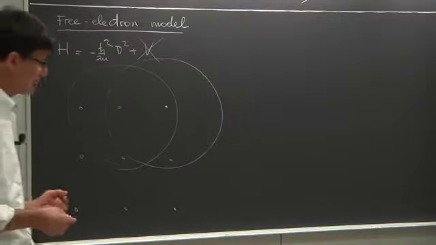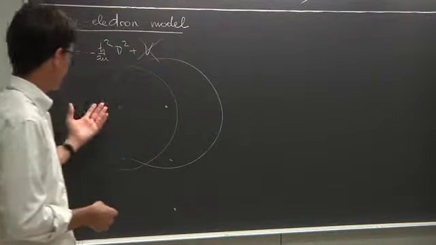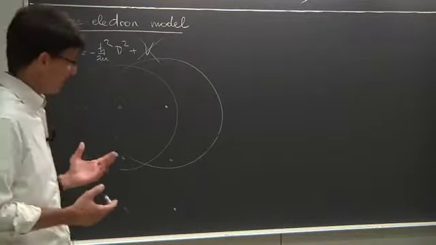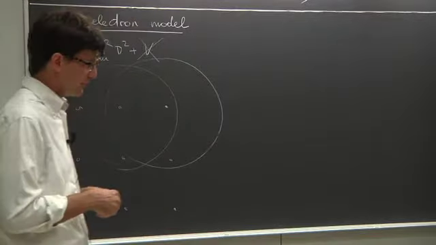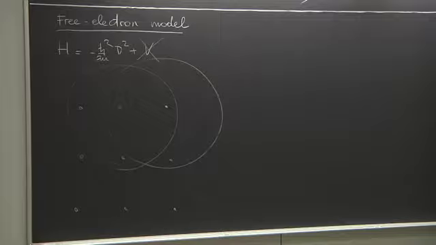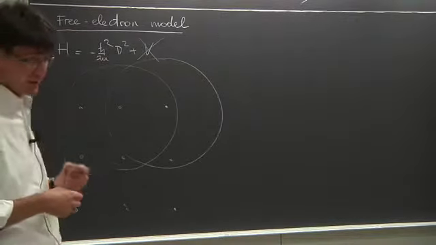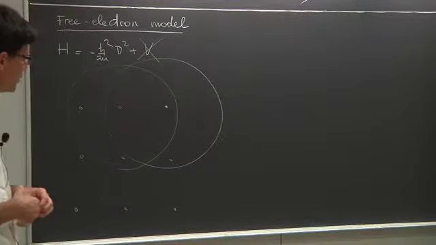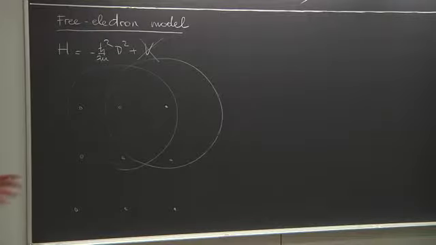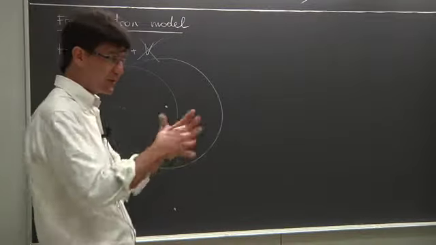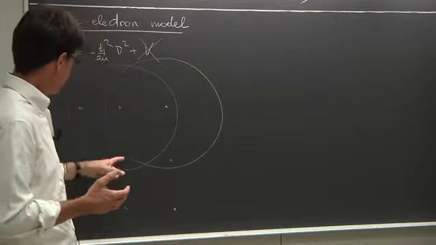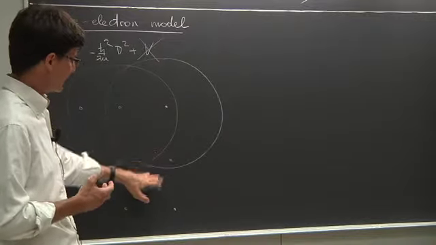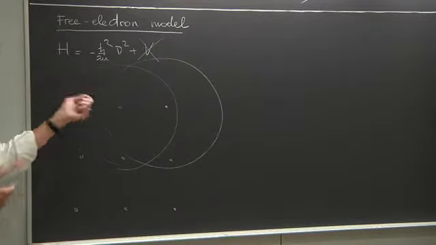So there are both aspects. The delocalization, and therefore the large overlap between wave functions, means we certainly cannot start from an atomic picture. Connected to that is the fact that these systems have a very low ionization potential, which means that the electrons can be stripped away from their nuclei with very little energy. And connected to that is also the fact that these electronic clouds are very polarizable, very easy to distort, and therefore the interaction with the nuclei that each electron sees is going to be screened very effectively by the presence of the other electrons.